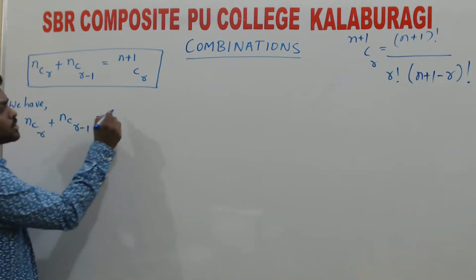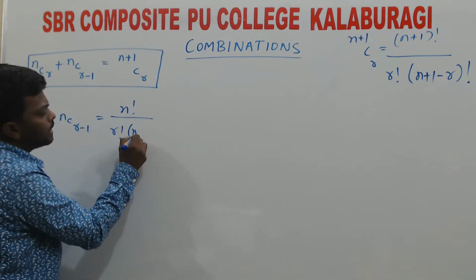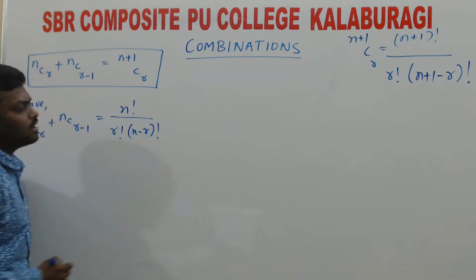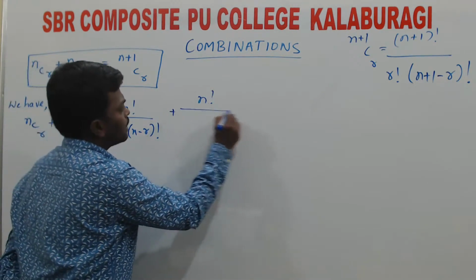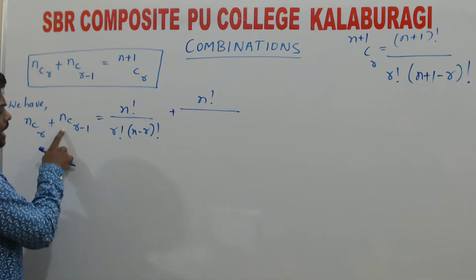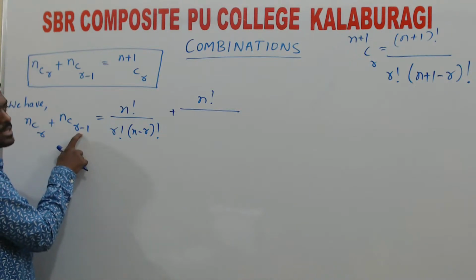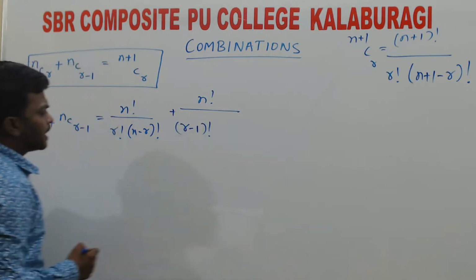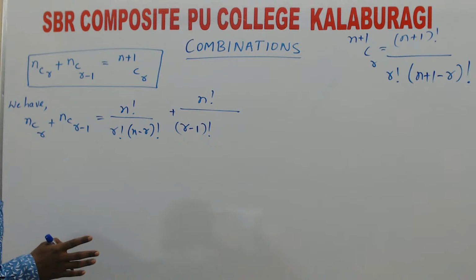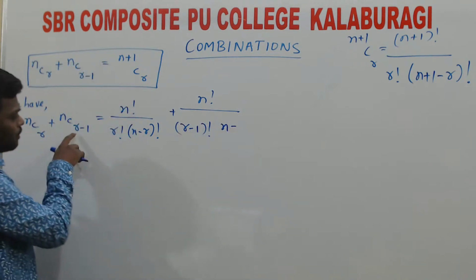So what is nCr, students? n factorial by r factorial into n minus r factorial, plus n factorial by r factorial, but in place of r it is now r minus 1. So r minus 1 whole factorial into n minus r.